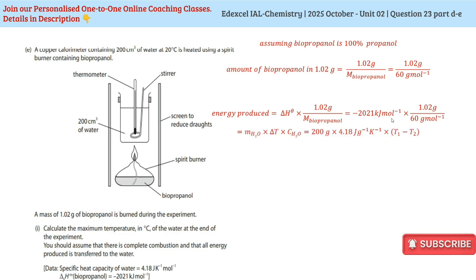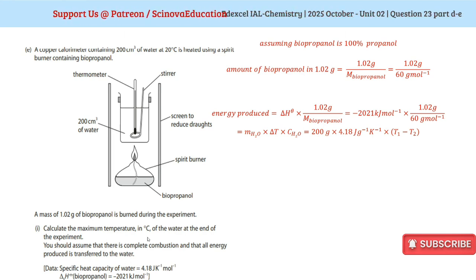Then I can equate that value to the energy required to increase the temperature of water, as in the question it is allowed to assume that complete combustion happens and all the energy produced is transferred to the water.